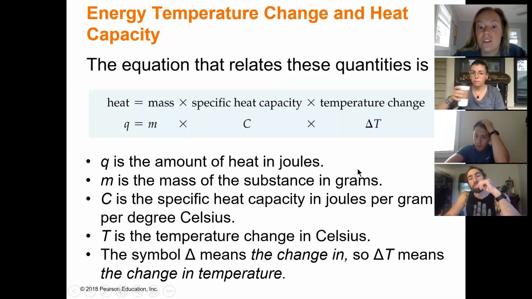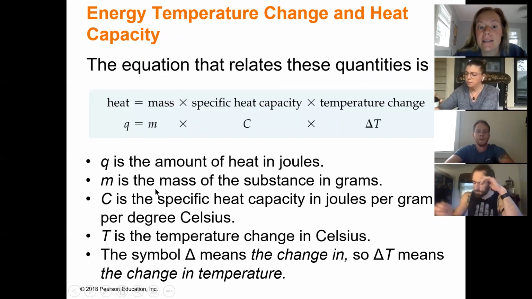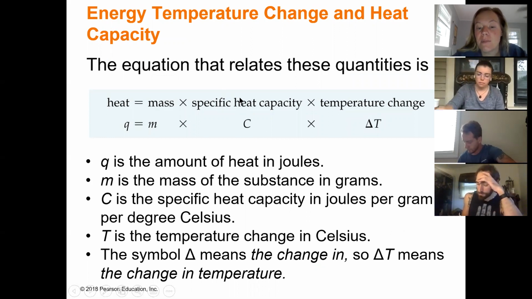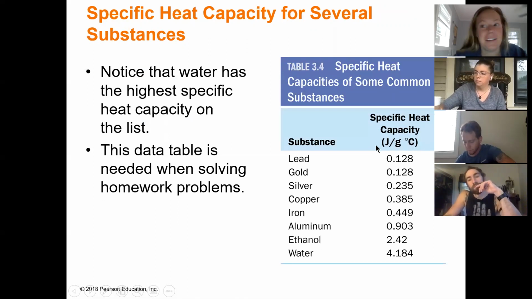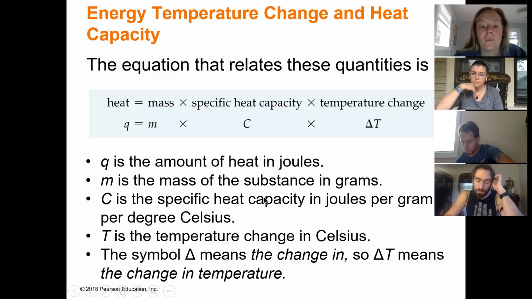So joules for Q, mass has to be in grams, specific heat is in joules per gram degree Celsius, and then temperature needs to be in Celsius, okay? Some people will say, can I change my specific heat to match kilograms and Fahrenheit? Don't do that. That would drive you crazy, okay? Match the other units to get to these units.